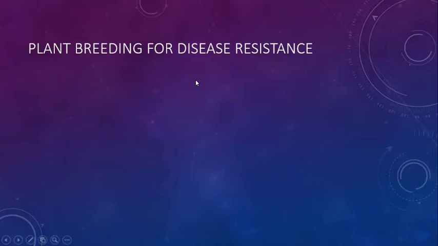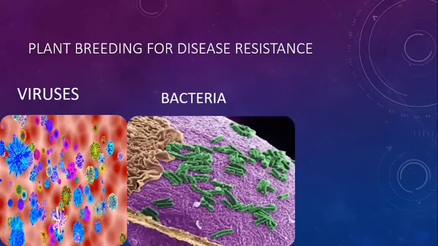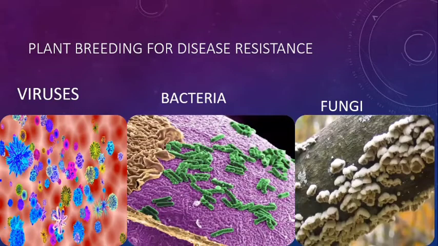Plant diseases are caused by pathogens like virus, bacteria, then fungus. These pathogens affect crop yield.